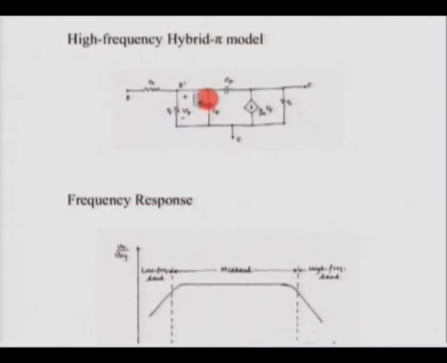So think of a scenario where one side of the capacitor you have V pi and the other side of the capacitor you have minus Gm V pi Rc parallel RL. Now what you would see is that this is equivalent to multiplication of this capacitor C mu by the gain.